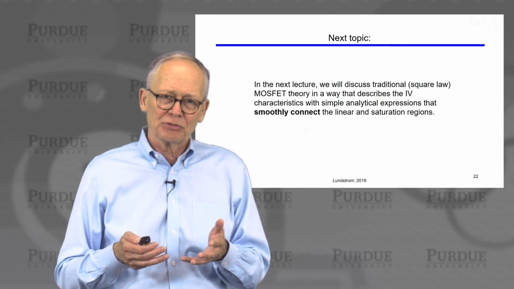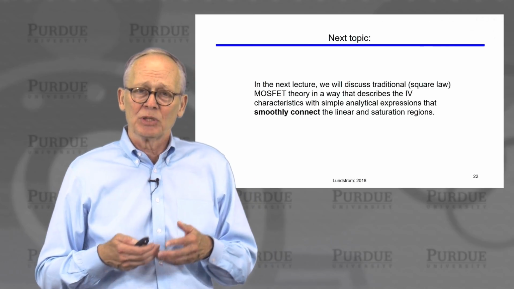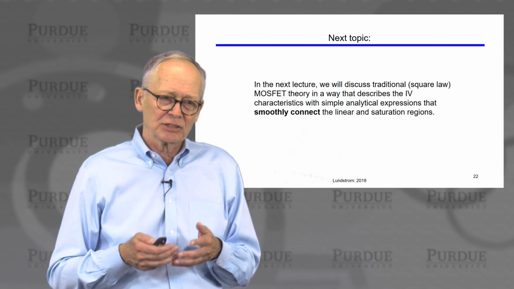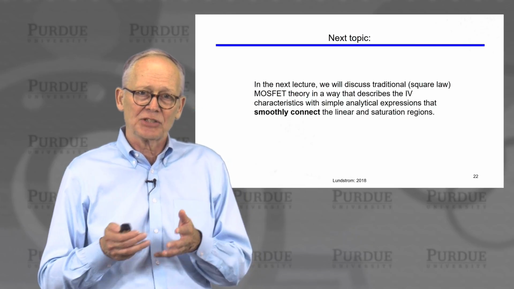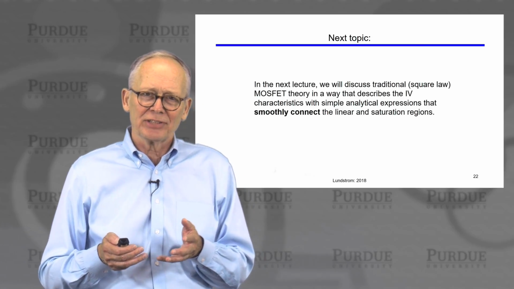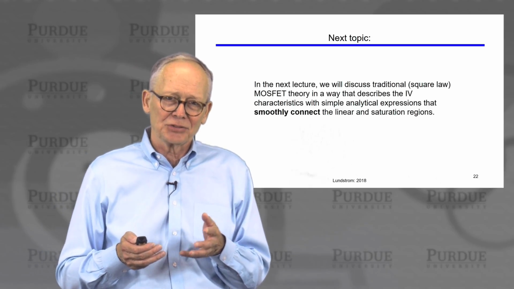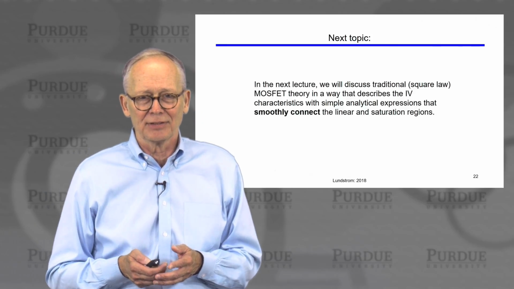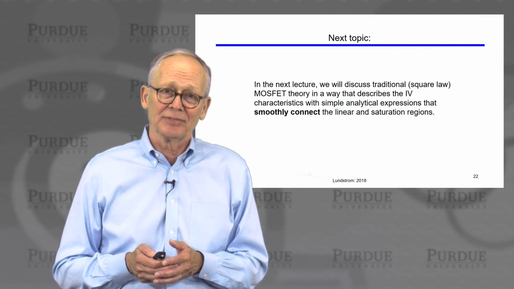So we'll take the very traditional square law model. We will revisit that, but we'll do it in a way that we can smoothly connect the linear to saturated regimes, and we'll show how all of that operates. And that mysterious factor of 2 that I had to insert when I developed that model, you'll see that that just naturally comes out of the derivation. So that'll be the topic of the next lecture.